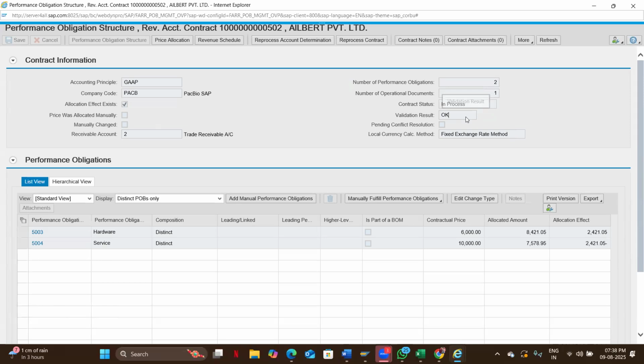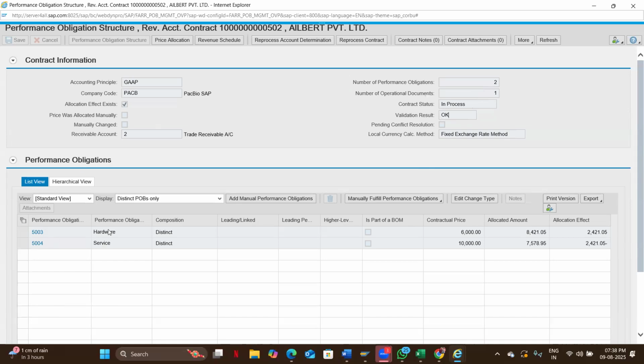No, no. The validation result here you can see is okay. Okay means the contract is completely processed and doesn't have any error. If it shows no or something else, there is some error in that contract.